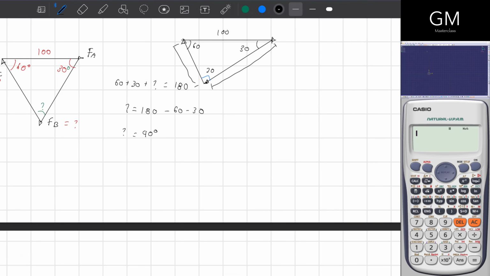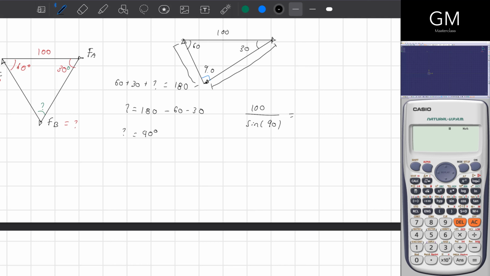that the sines law is equal to 100 divided by the sine of 90. Sorry, this is not 30, this is 90.